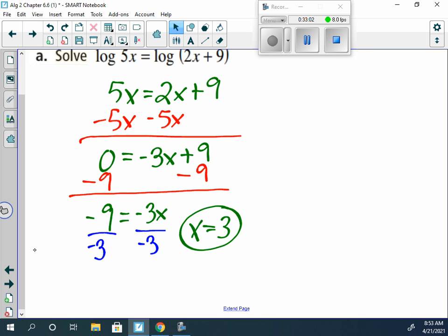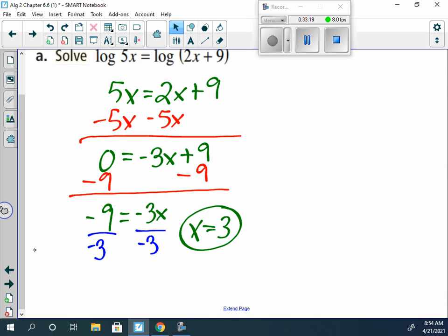Now, if we'd have subtracted 2x from both sides, we would have got 3x is equal to 9. We can divide both sides by 3, which tells us x is equal to 3. So it doesn't matter which order we go.